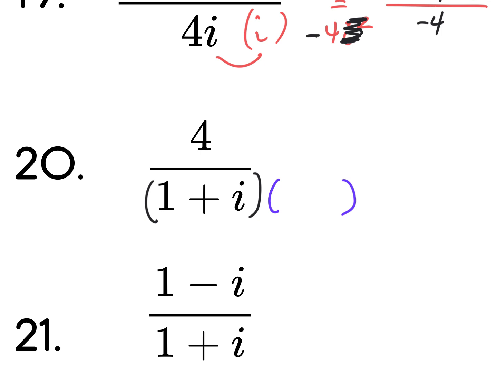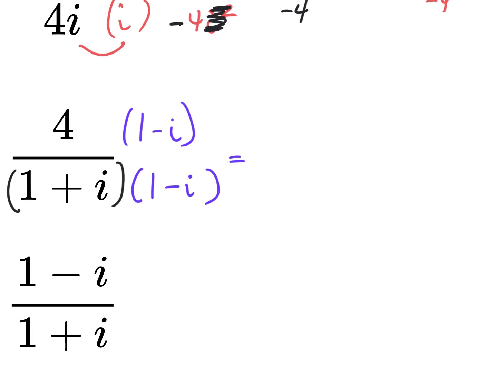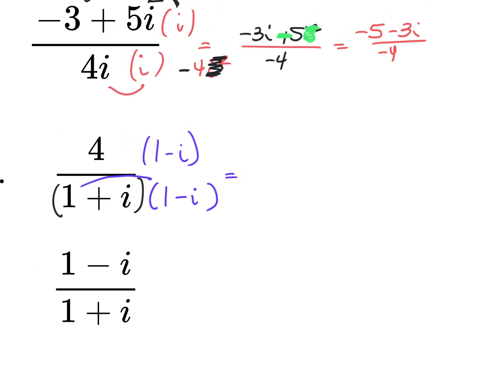What's the complex conjugate of 1 plus i? Very good. What you do to the bottom, you do where? To the top. I always do the bottom first just to make sure my i's cancel. So when you FOIL this, what's 1 times 1? 1. What's 1 times negative i? Negative i. What's i times 1? Plus i.